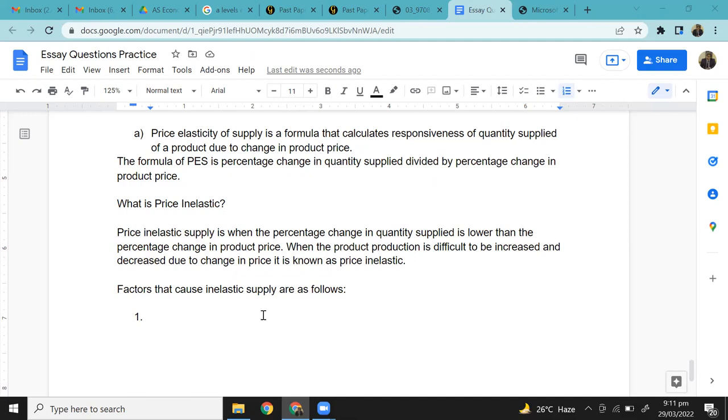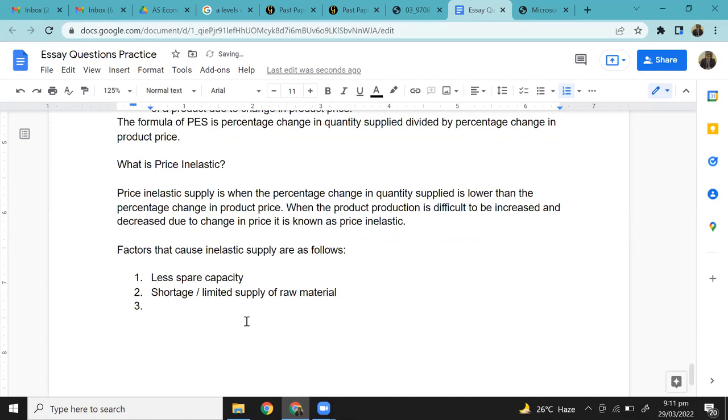So let's write it down like this: less spare capacity. Shortage or limited supply of raw material.